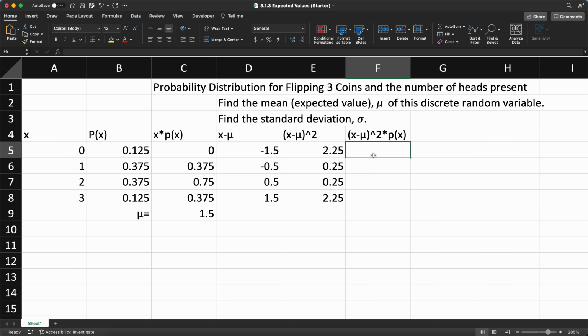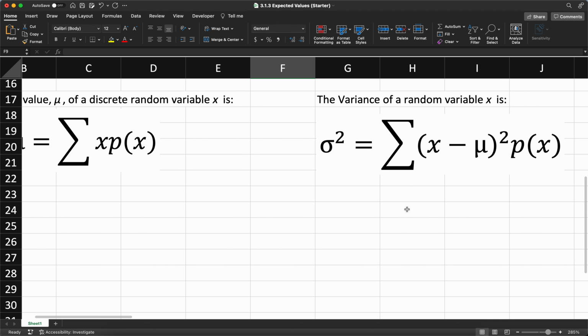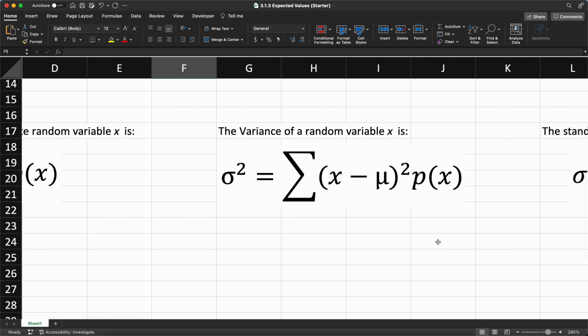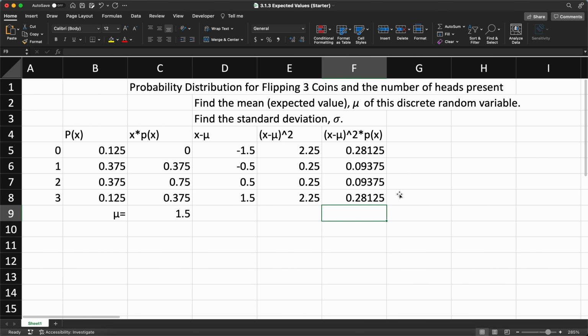So I'm going to take this value and multiply it by the probability that this value happened. Copy that down. And so right here we have all of the stuff that goes inside here. We multiplied the squared deviations by the probability that each squared deviation happens.